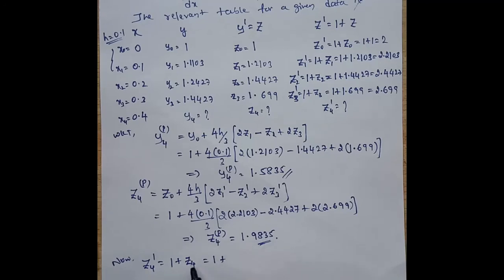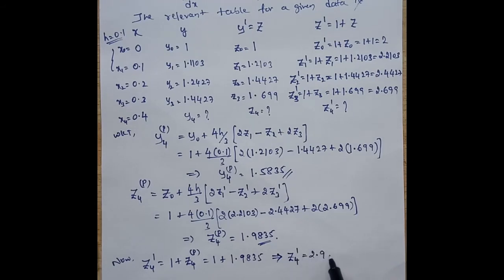I can write Z4 power P, the predicted value I am using, which is 1.9835. So this implies Z4 dash equals 2.9835. So this is the Z4 dash value. Once we get the Z4 dash value, you can start applying your corrector formula and find the corrected value of Y4 and Z4.